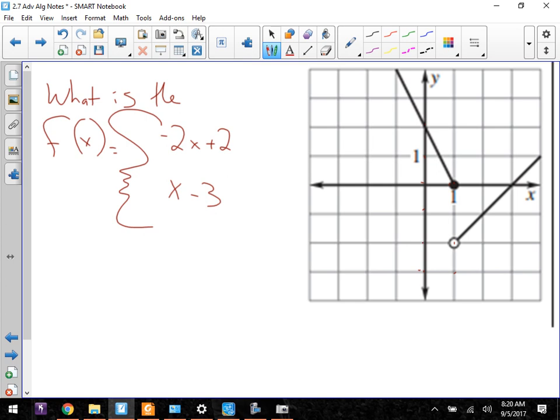Now we have to look at our domain. Remember, something funky happened when x is at 1. So I'm only looking at the graph of -2x plus 2 when x is less than or equal to 1. For x less than or equal to 1. And for x greater than 1. Okay? That's what we're looking at.